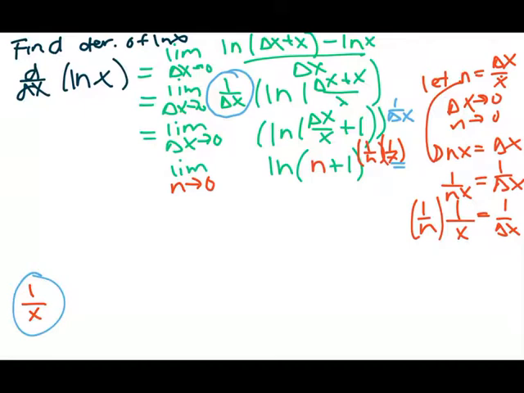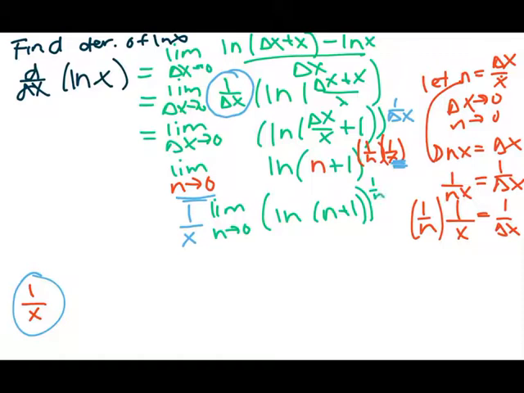And if you think about 1 over x, as n approaches 0, that's not affecting 1 over x because there is no n there. So what I'm going to do is rewrite this as 1 over x times the limit as n approaches 0 of natural log of n plus 1 all to the power of 1 over n. I'm going to rewrite this one more time, because natural log is not actually changing.